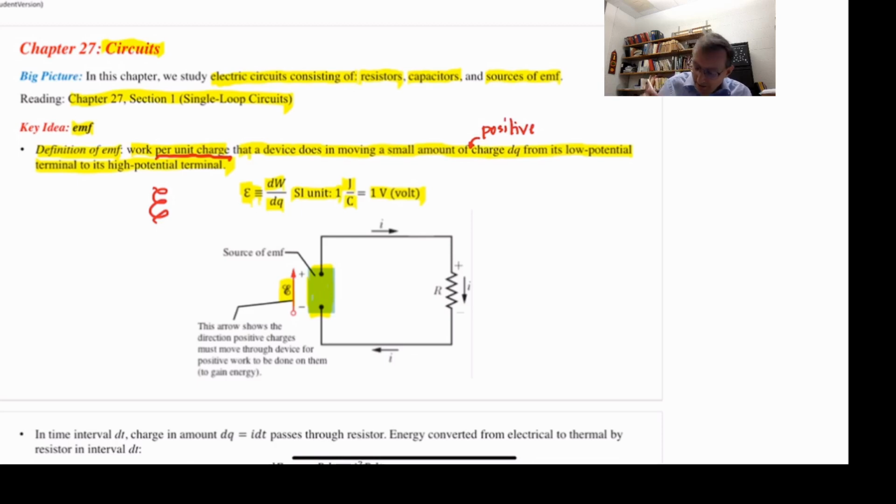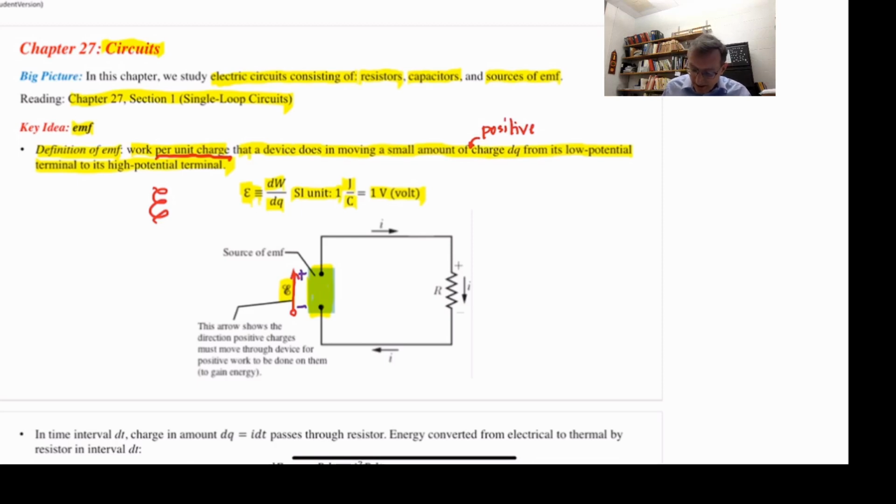All sources of EMF have a high potential terminal and a low potential terminal. So the diagram marks those. And then they put the little curly E beside it to say it's the source of EMF. And then what your book does is draw this interesting little red arrow with an open circle at one end and an arrowhead at the other.